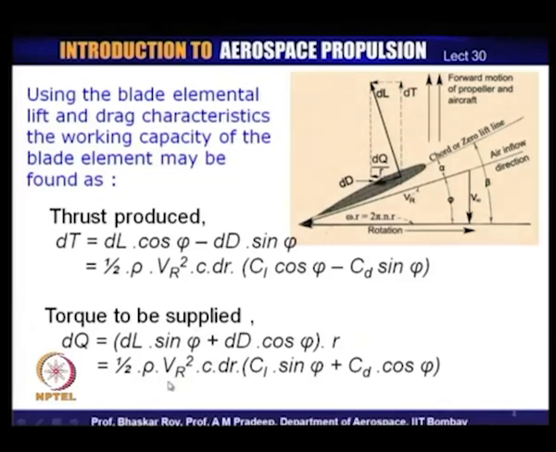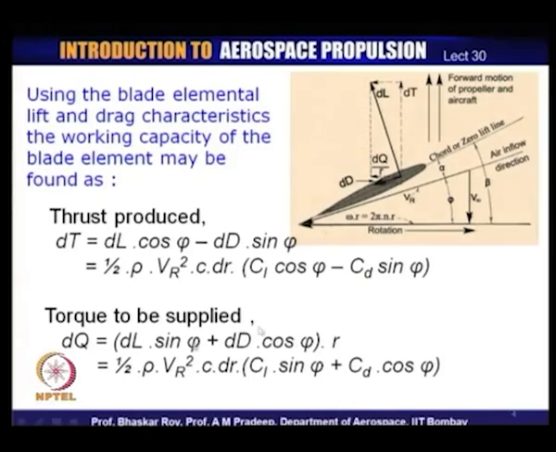Again, if we write down in terms of the fundamental propeller blade airfoil characteristics, we have half rho Vr square, C again is the chord, dr is the elemental length of the elemental blade, CL is again the characteristic, and phi is the flow angle, CD is the characteristic, and phi is the flow angle.